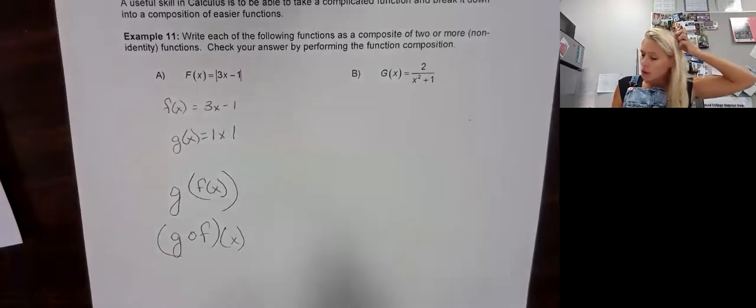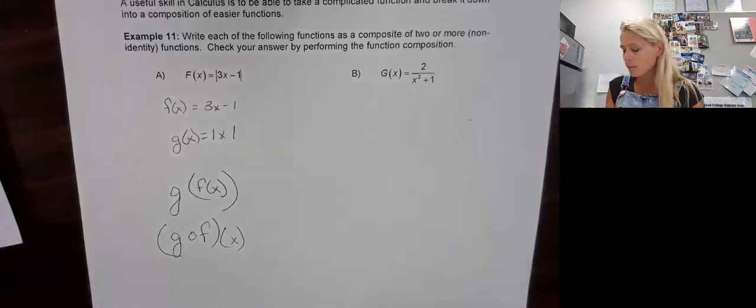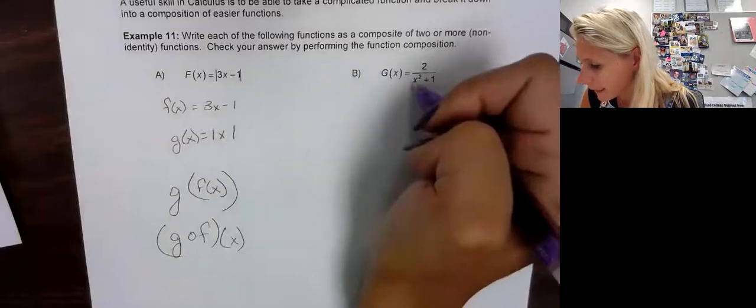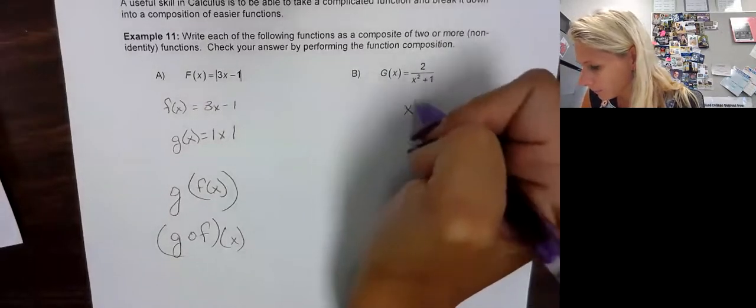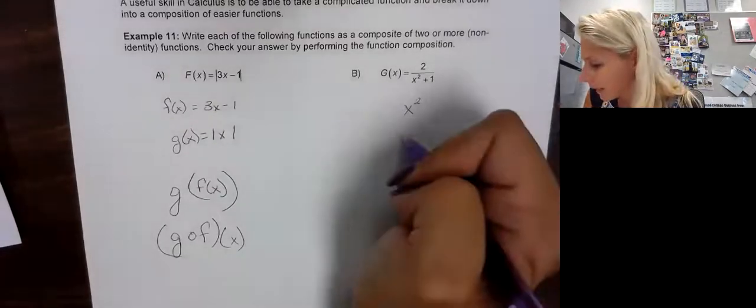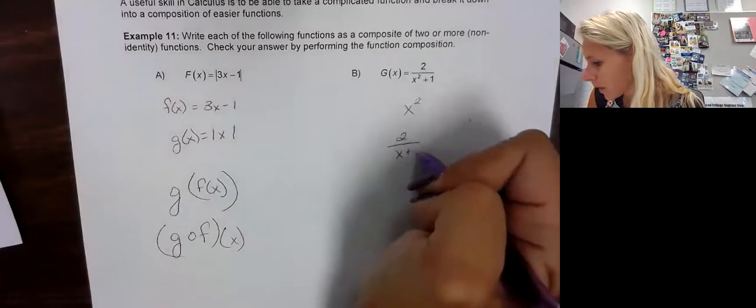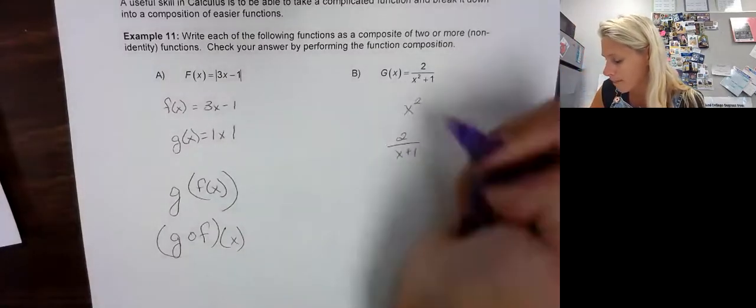Now we're going to do b in a couple of ways because we could see two functions or we can see one function. First of all, right away, the thing that comes to my mind is that I see an x squared. And if I were putting x squared into something, I could be putting it into 2 over x plus 1. See how I would replace that?